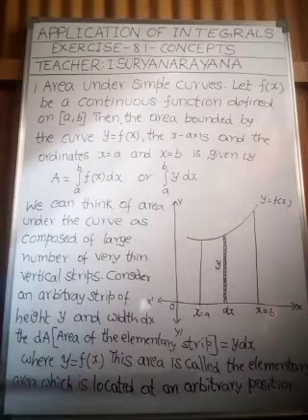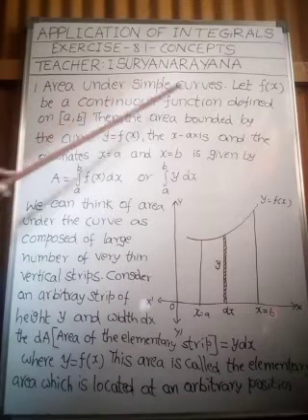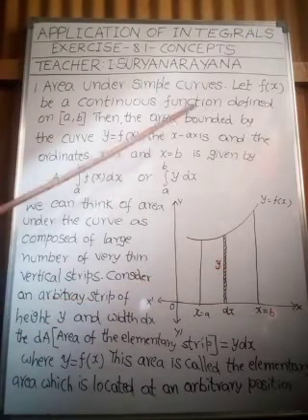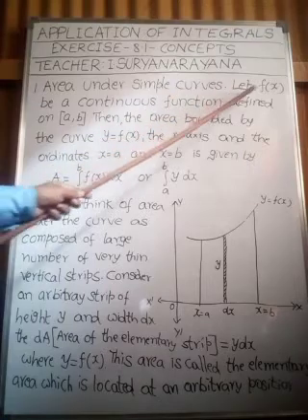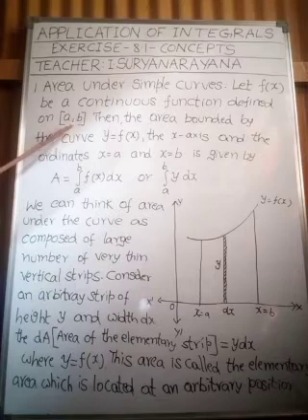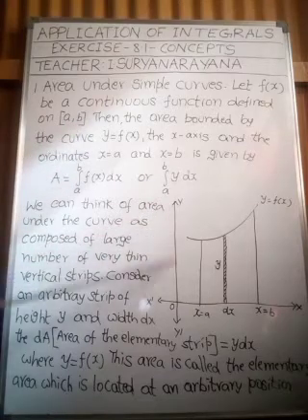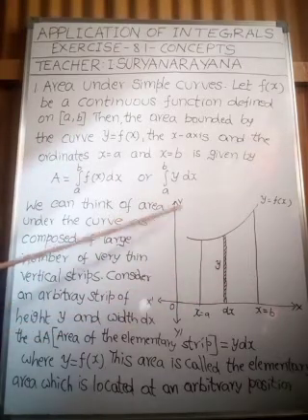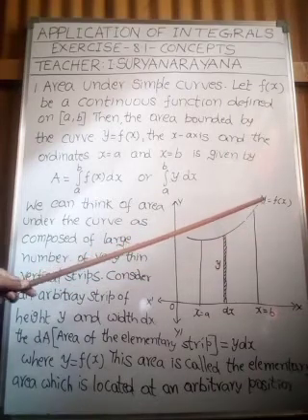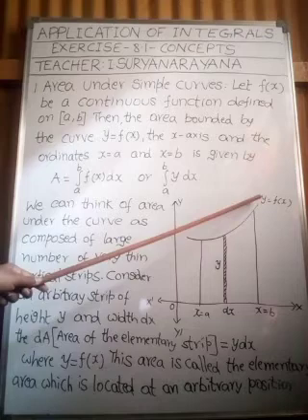Now, come to this first point. Area under simple curves. How to find area of a region under the simple curve. Let f of x be a continuous function defined on closed interval [a, b]. See this figure. This is a geometrical representation of y is equal to f of x. This is a curve.